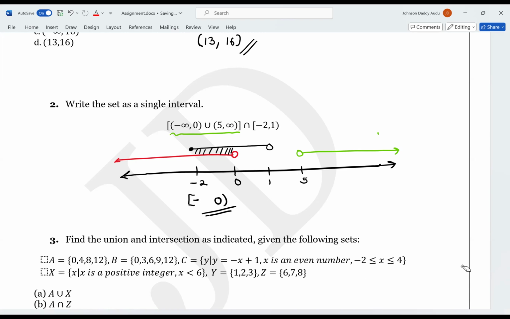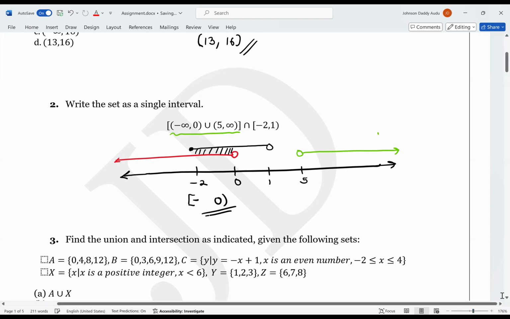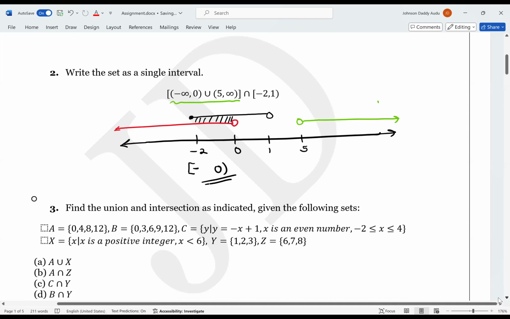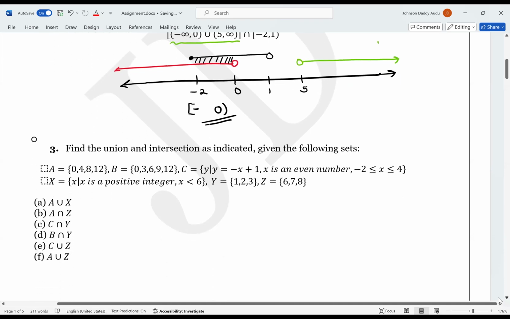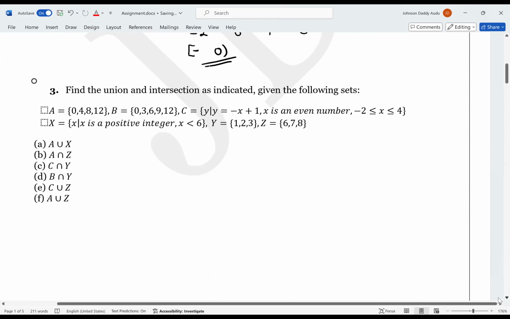That is number 3. Let's do number 3 now.